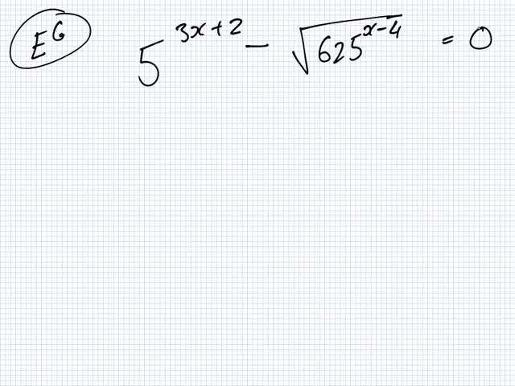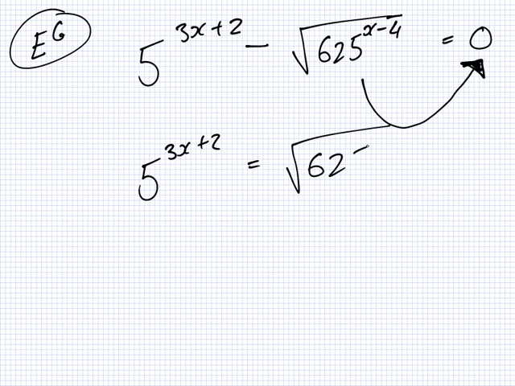I think the first thing I need to do is bring this over to the right. So we get 5 to the 3x plus 2 equals root 625 to the x minus 4. Okay, so the next thing I would want to do is square both sides.